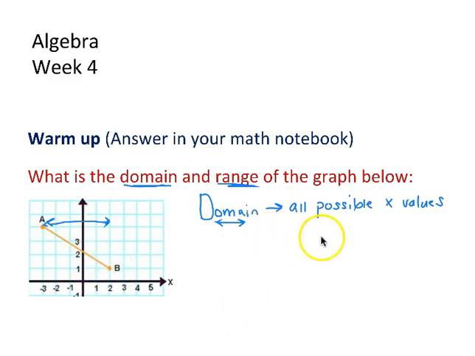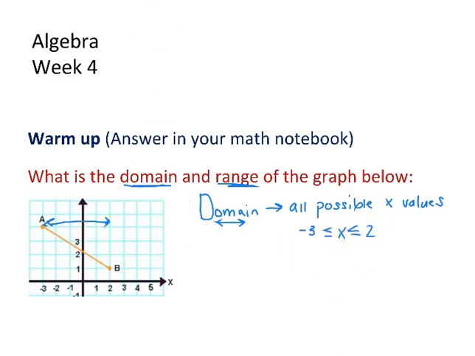So our domain is all x values that are greater than or equal to -3, it can include -3, and then it has to be less than or equal to 2. So x can include any value from -3 all the way up to and including +2. Any x value that falls between those two numbers is our domain.